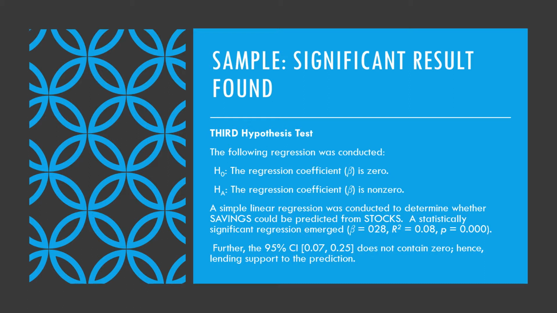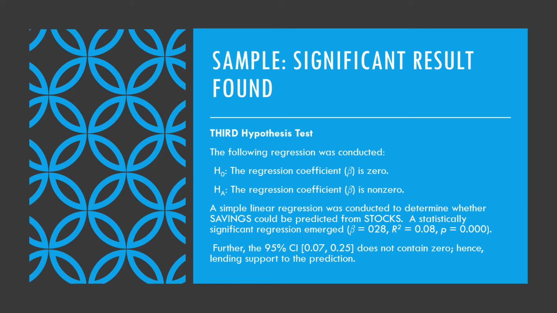So a simple linear regression was conducted to determine whether savings could be predicted from stocks. A statistically significant regression emerged, where our beta equals 0.28, our R squared equals 0.08, and our p-value was 0.00.